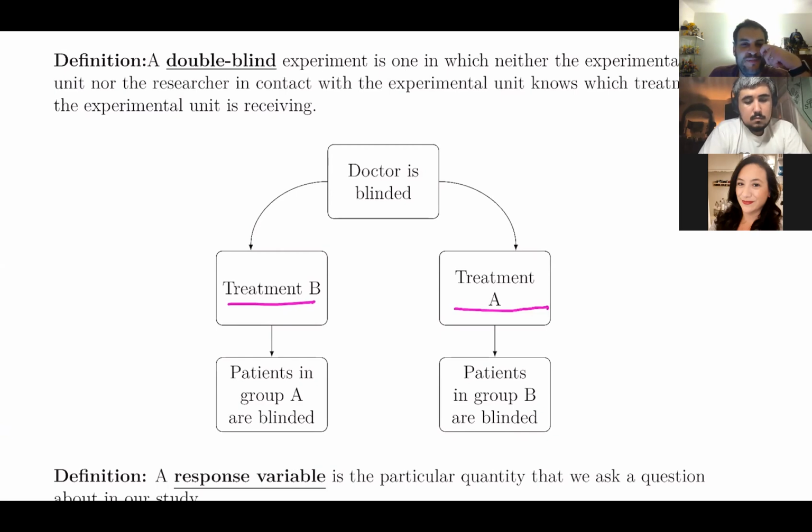The reason you want to do a double blind is that if the doctor knows who's getting the treatment and who's getting the placebo, the doctor might inadvertently be nicer to the people getting the treatment, because they're more likely to feel better.